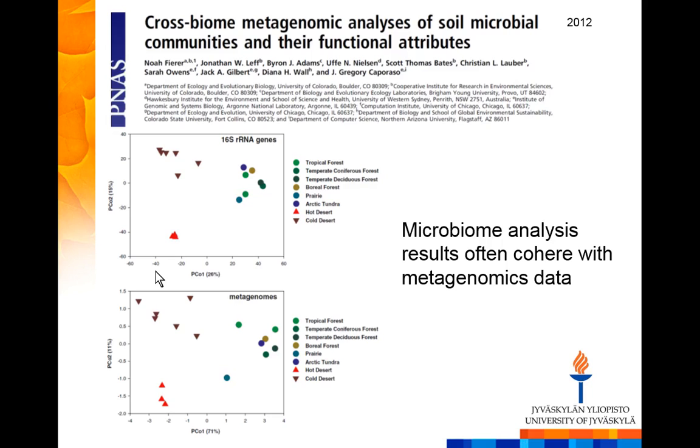But for example, in this publication by the Ferrer group from 2012, when they did unconstrained ordination for samples from very different kinds of biomes, you can see which communities or which samples resemble each other most, which cluster closest together. This figure, based on 16S rRNA and based on metagenomes, is almost the same.